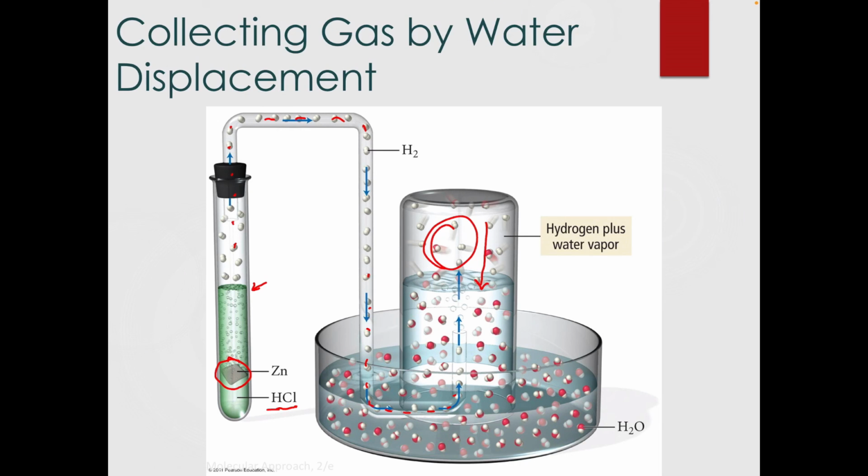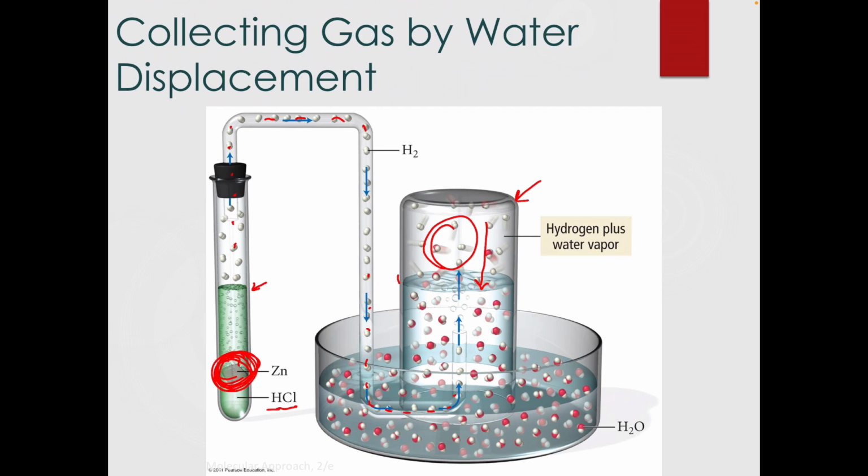Okay, but when we collect it this way, when the hydrogen is going up into what's called the headspace up here, it's also dragging some of the water with it. So this volume of hydrogen that we are collecting is not just hydrogen, it's going to be hydrogen and some water vapor. So when we're calculating all of this information to find how much gas was displaced, right, how much gas was produced in this reaction, that's how we would do this.